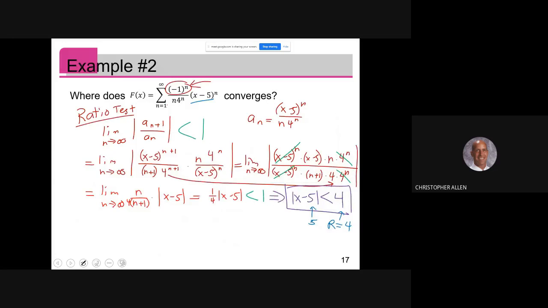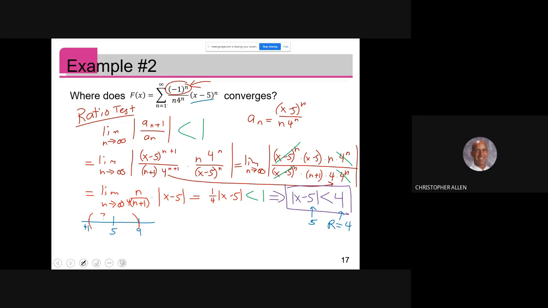Now we know we've got our center still at 5. We know it's going to converge as long as the radius is 4 or less. Let me draw a little picture here. Where's the center? Well, it's 5. If we go four to the left of that, that brings us to positive 1. And four to the right, that takes us to 9.